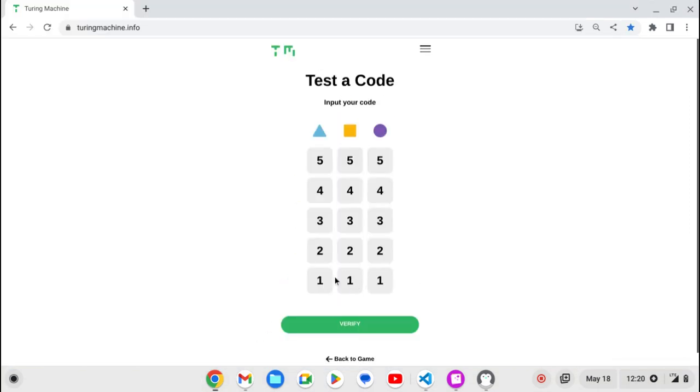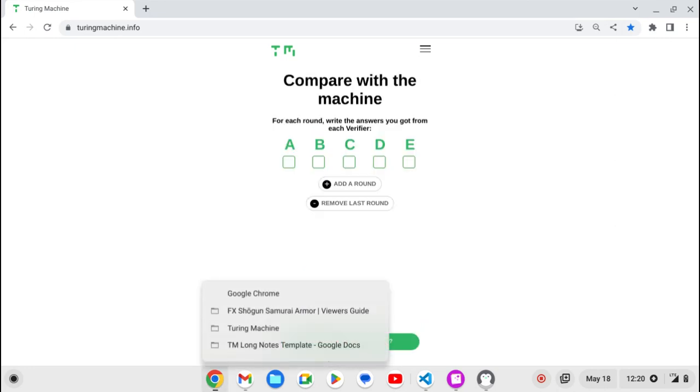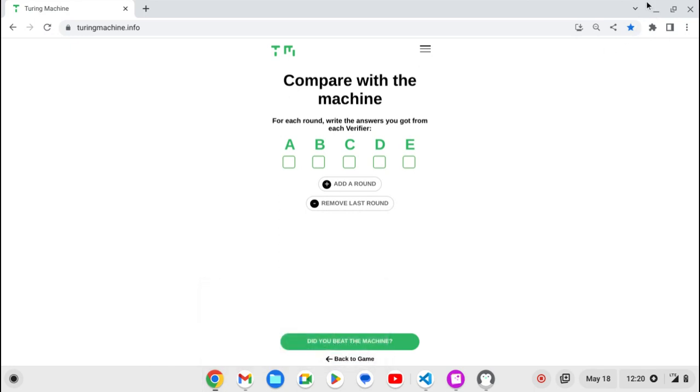Okay, so test the code, and it was 1, 2, 4. Verify. Success. But again, let's actually go and see how did we beat the machine or not. So let's actually get the information.